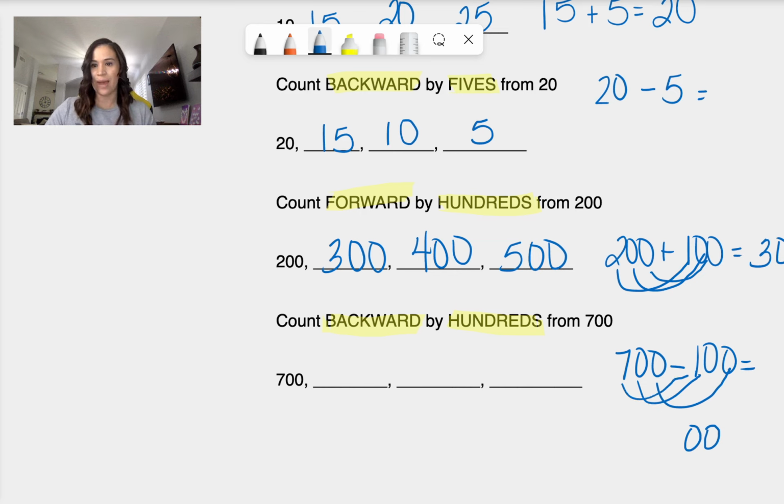And 7 minus 1 in our hundreds place is 6. So 700 down 100 gives us 600. Down backwards 100 more gives us 500. 7, 6, 5, 4. 400 would be our next number.